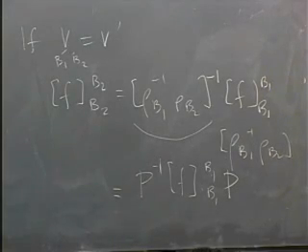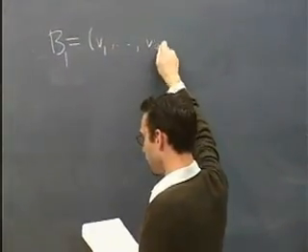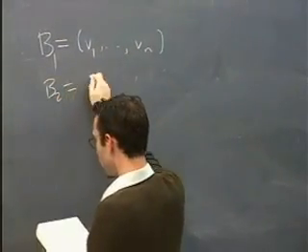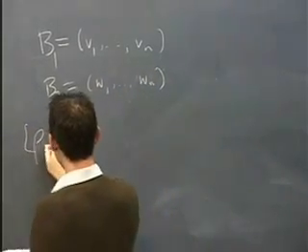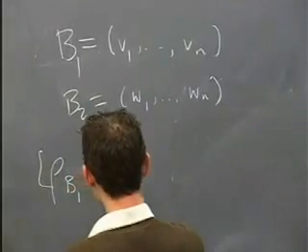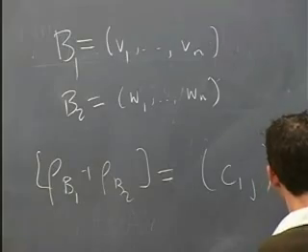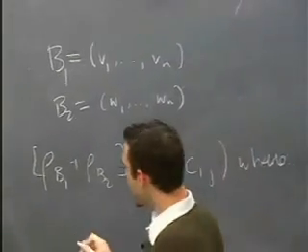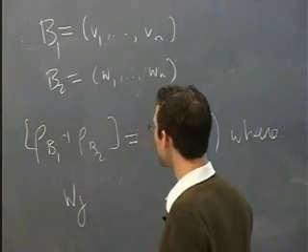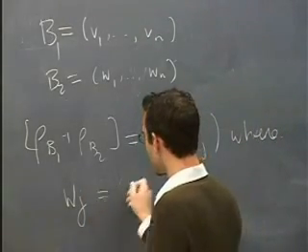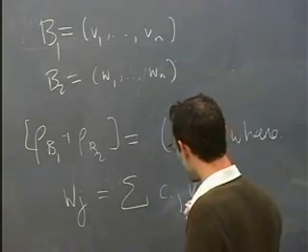Well, if I have B1, and I can write it as V1 through Vn, and I have B2, and I write it as W1 through Wn, then row B1 inverse row B2 is just the matrix Cij, where I again use this defining property of bases to write each element Wj as a linear combination of the Vi's, which I can certainly do.